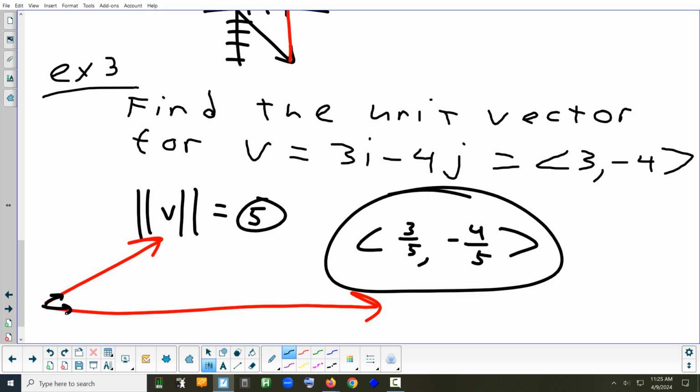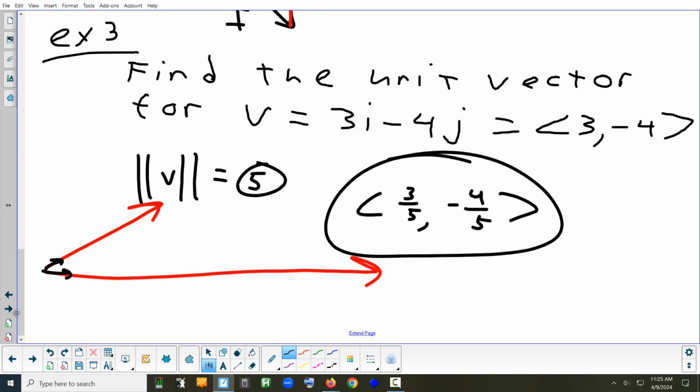So for the unit vector, that final answer technically counts as the magnitude 1. If you scaled it back by 5, it would change it back to what it was originally.